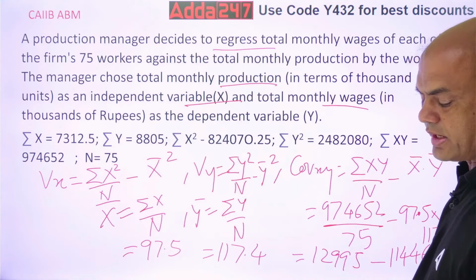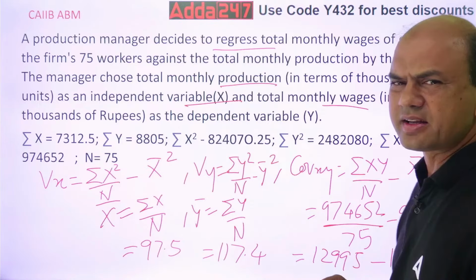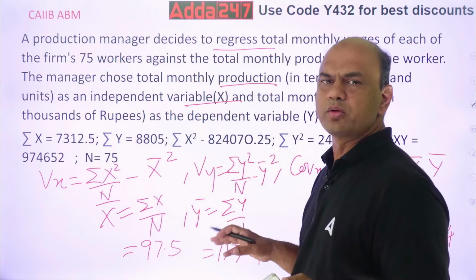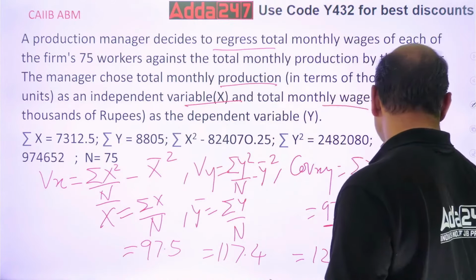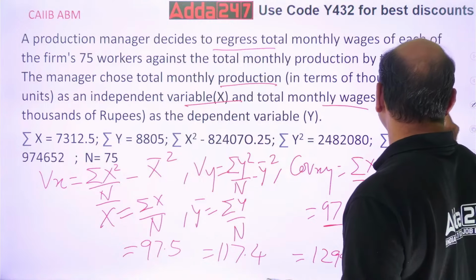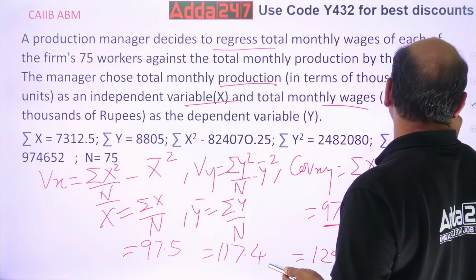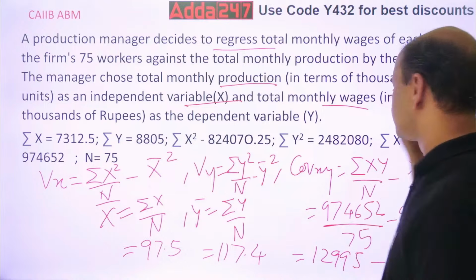So 1548.5. You might get slight differences here and there because you might be taking the decimals. So 1548.5, I'll write it over here. This is my covariance.